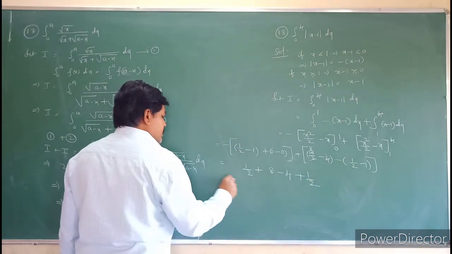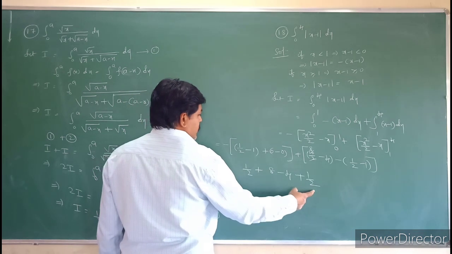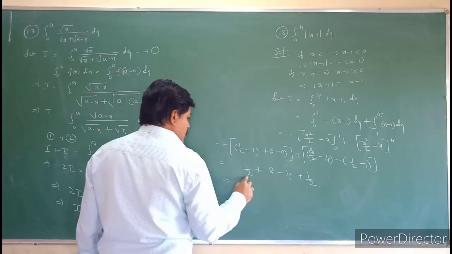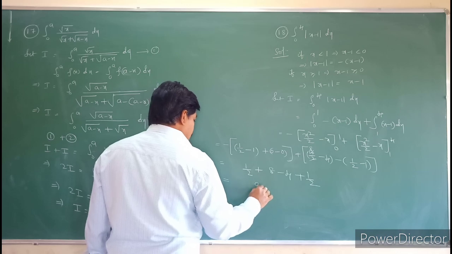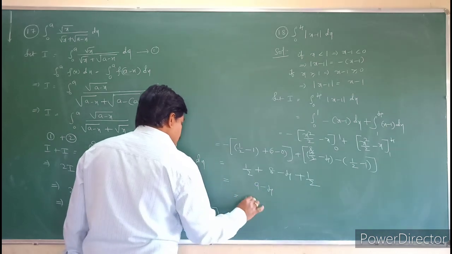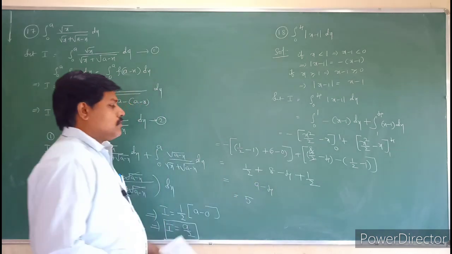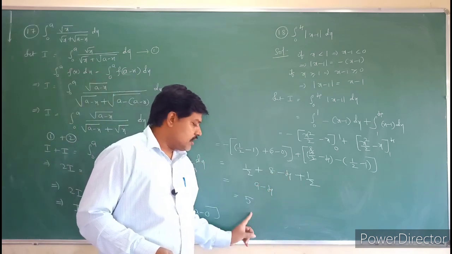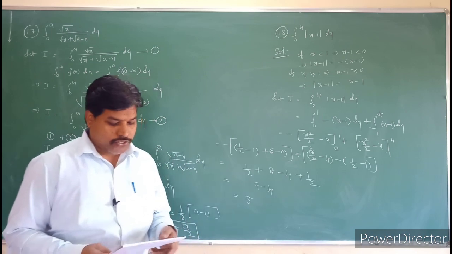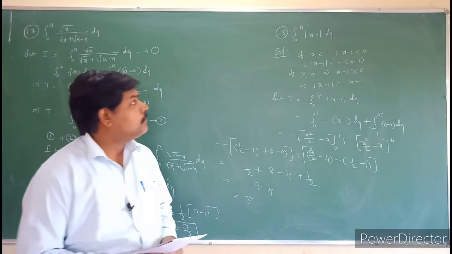So what happens, students? 1 by 2 plus 1 by 2 is 1. So that is 1 plus 8, that is 9, minus 4. So the answer is 5. 1 by 2 plus 1 by 2 is 1. 1 plus 8 is 9. 9 minus 4 is 5. So see that question, students. All understood that?